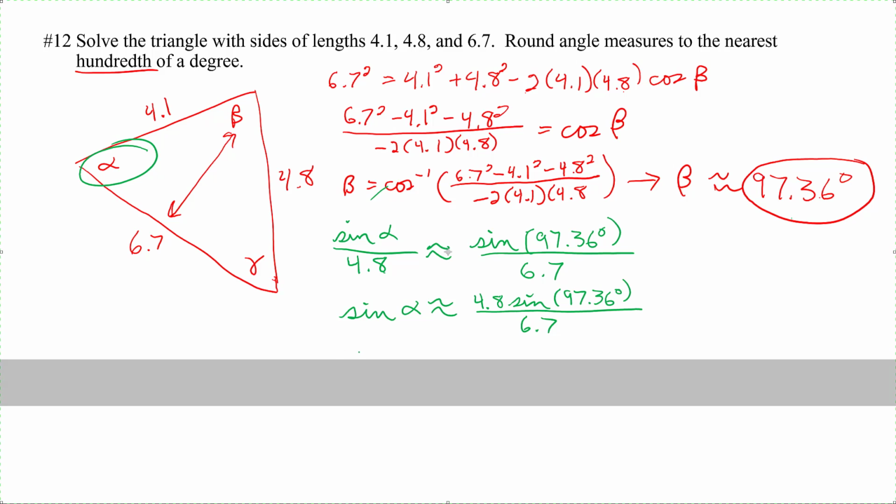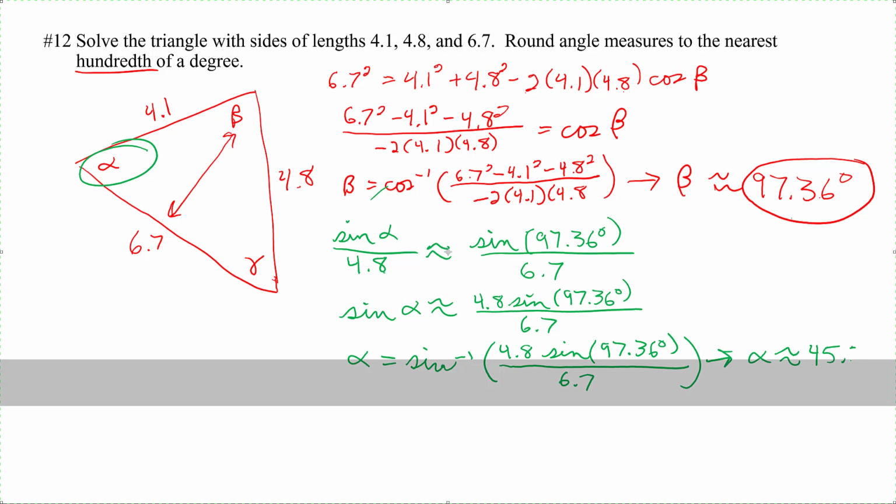From that, I'm going to find alpha by taking the sine inverse of 4.8 sine of 97.36 degrees divided by 6.7. And so I get alpha is approximately equal to, I hope I'm doing the right one here, 45.28 degrees.